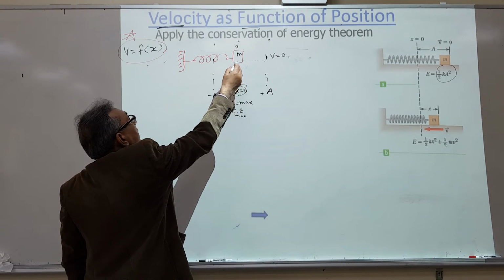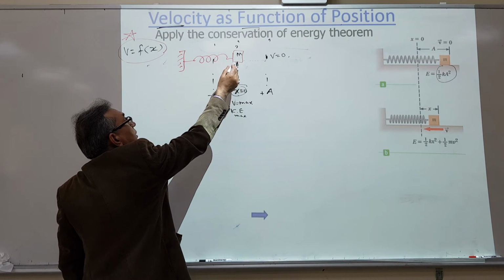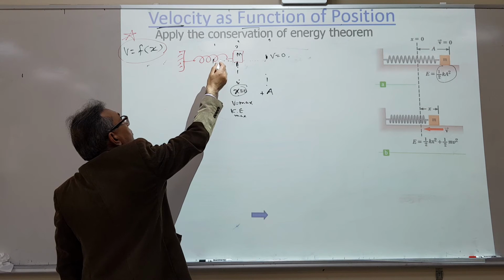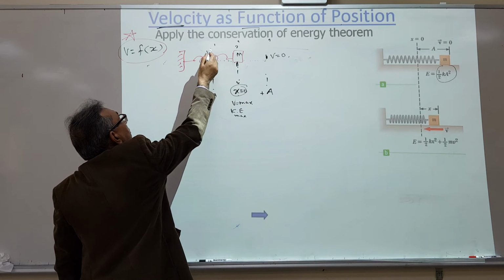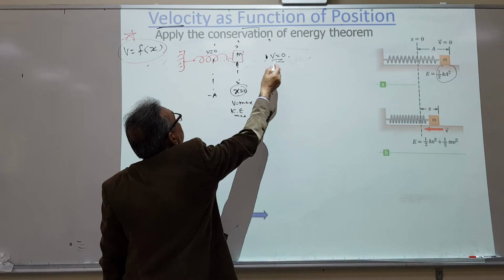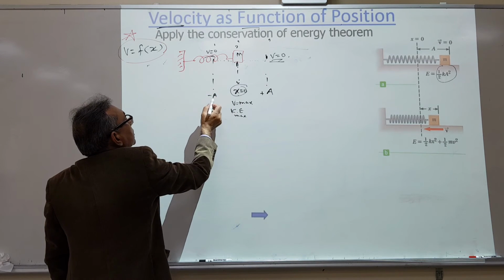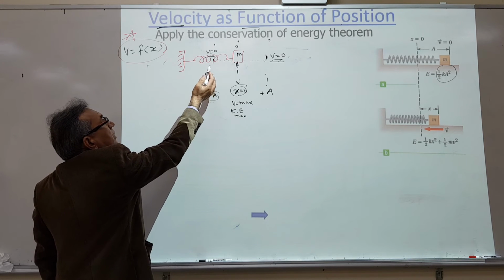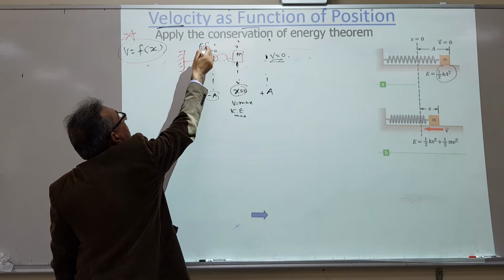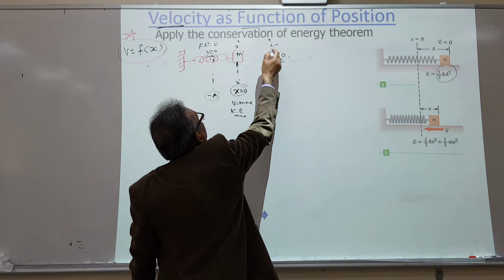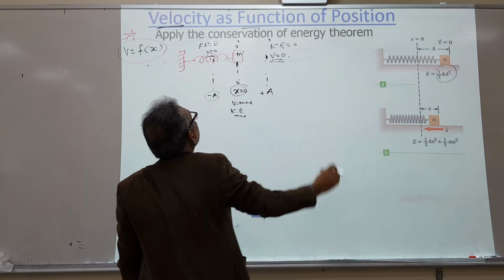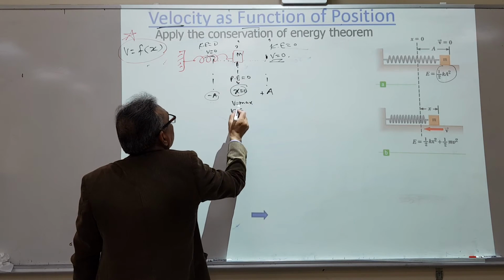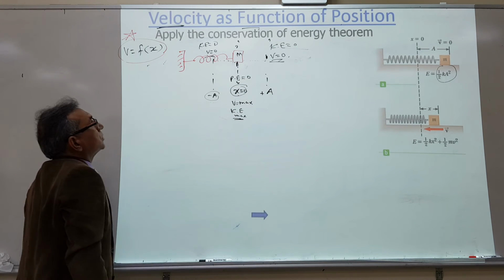Once you start again, velocity is maximum, keep in mind, going left, velocity starts decreasing, decreasing, decreasing, again velocity becomes zero, like here. This is maximum but on the negative side. So velocity zero means kinetic energy zero at this point. Here you have potential energy zero but kinetic maximum.